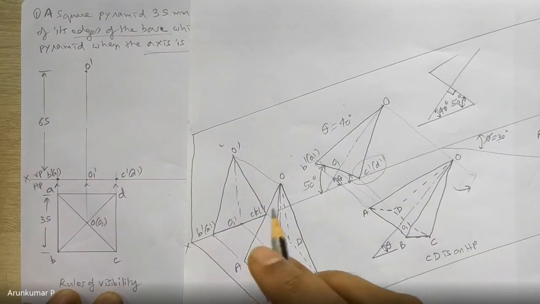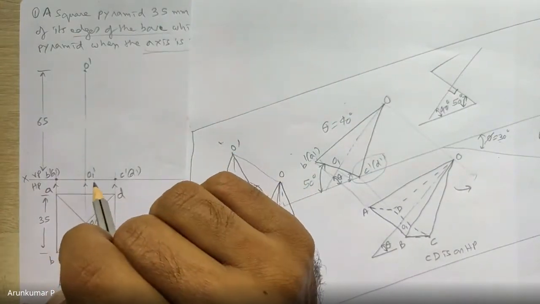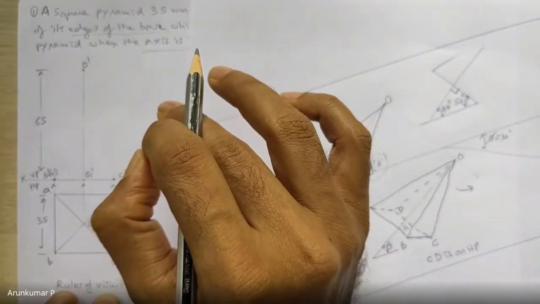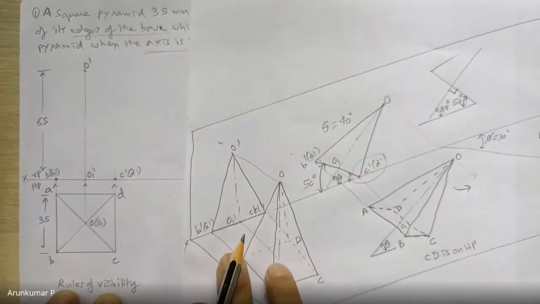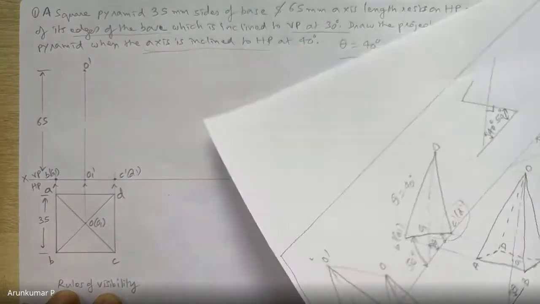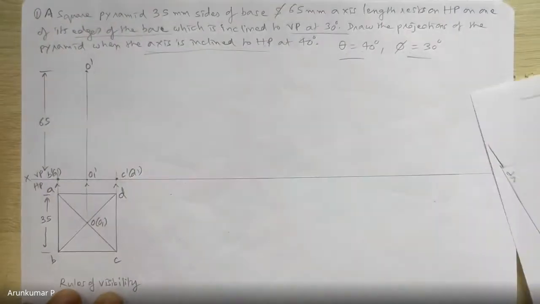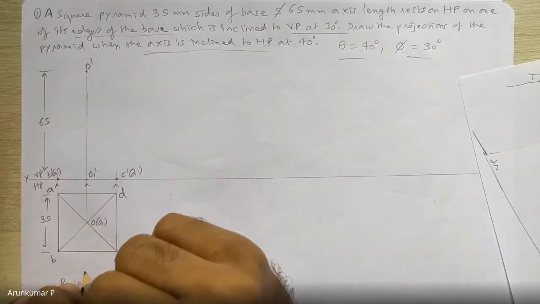Now the first rule says that the outermost exterior points, please note, the outermost exterior points have to be joined by solid straight lines. So which are the outermost exterior points?